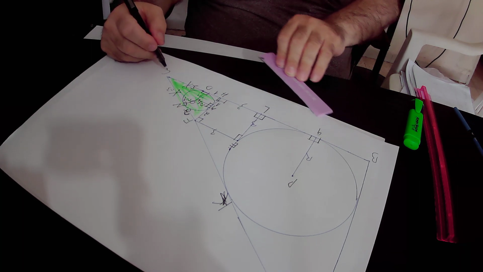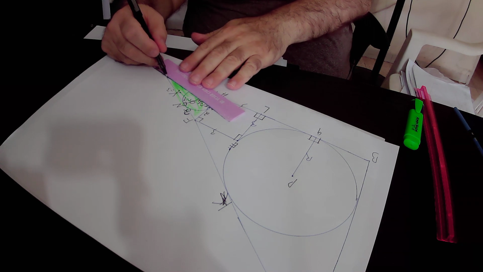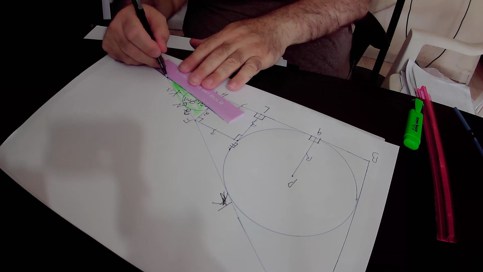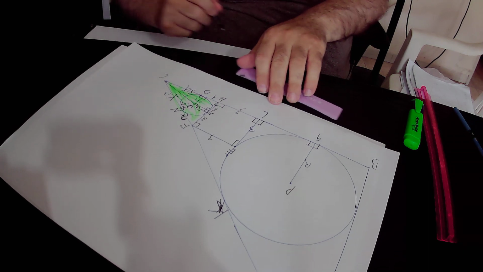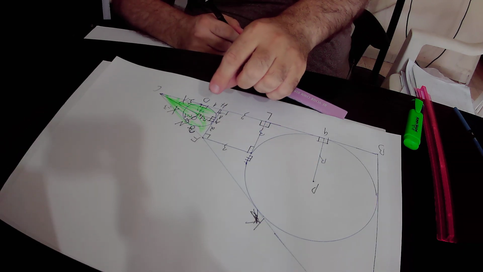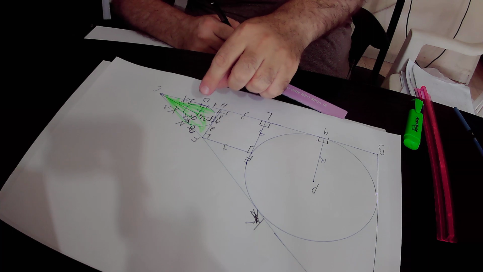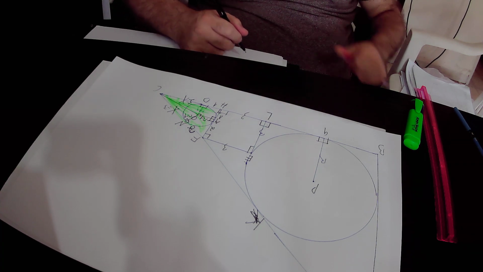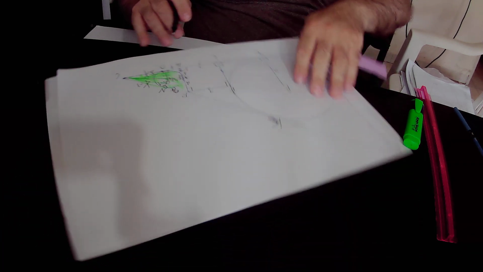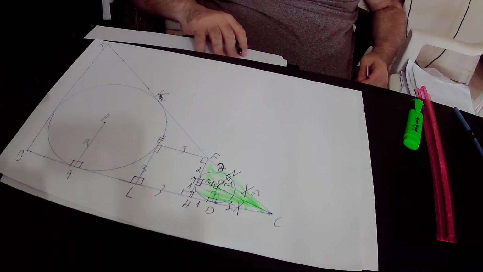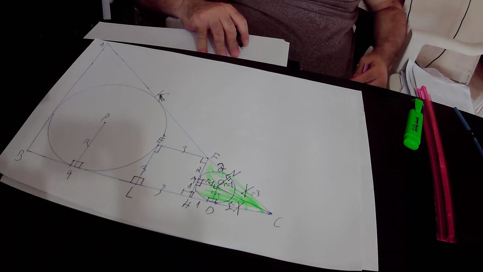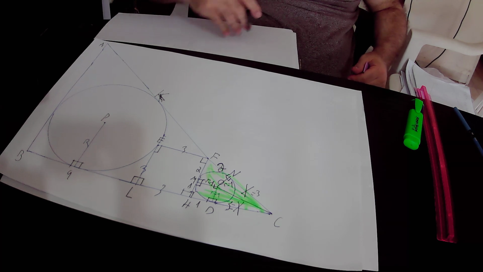In the next step, we'll join points C and O together by a straight line. By joining points C and O by a straight line, we created here two right triangles, triangle OCN and triangle ODC. In the next step, we will prove that those two right small green triangles are congruent to each other according to the side rule.